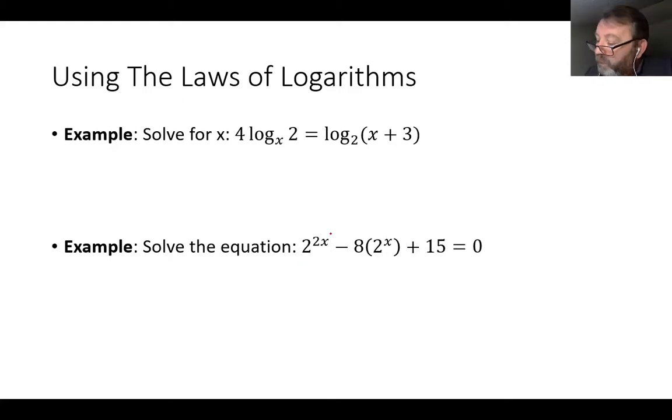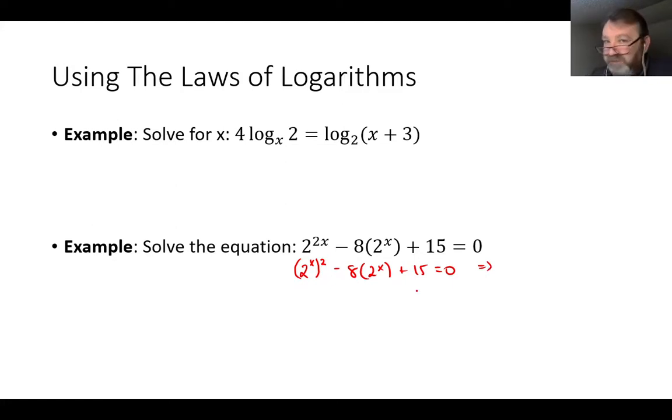So, if you remember what we did with indices, because 2x means 2 multiplied by x, and because multiplication is commutative, I could also write that down as 2 to the x, all to the 2, and put a bracket between the x and the 2 like that. Minus 8, 2 to the x, plus 15 is equal to 0.